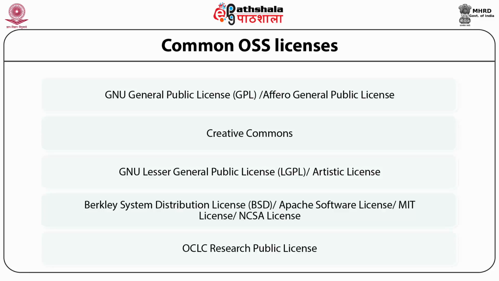There are different variations or attributes of Creative Commons for different kinds of creations. Now LGPL, GNU's Lesser General Public License, Artistic License, BSD, Berkeley Software Distribution License, OCLC Research Public License, Apache Software License, and MIT license. These are some of the popular common open source software licenses.